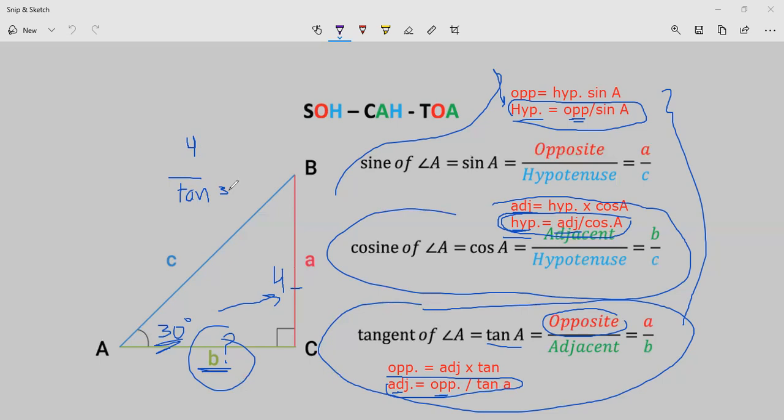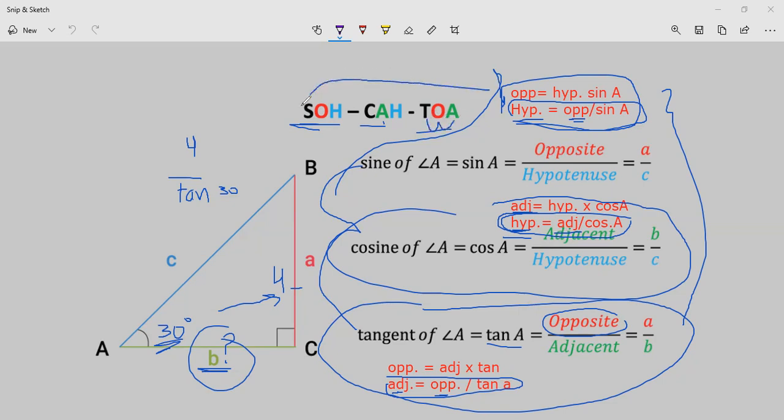So first of all, you need to memorize these basic 3 rules. Then from these rules, either you remember them or you can derive them from these basic rules. So I put this SOH CAH TOA to remember that, which means sine equals opposite over hypotenuse, and cosine equals adjacent over hypotenuse, and tan equals opposite over adjacent.